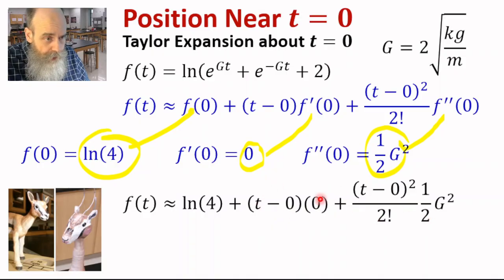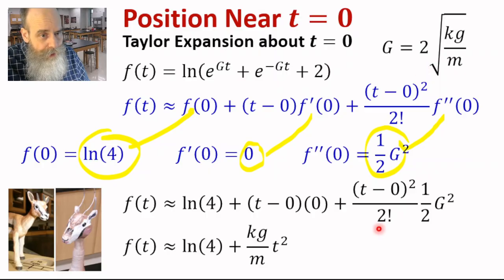So this term is just 0. For this term, let's square g, 2 kg over m. I'm sorry, g squared is 4 kg over m. So that 4 cancels out with the 2 times 2, and we get this: ln 4 plus kg over m times t squared.